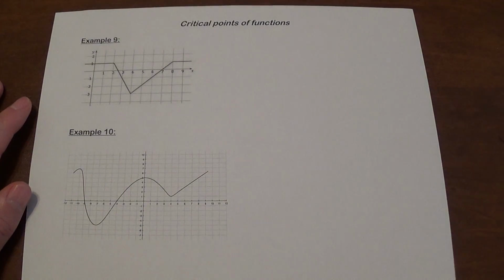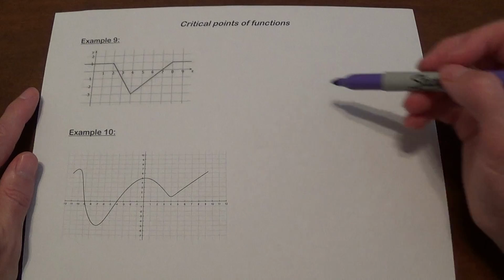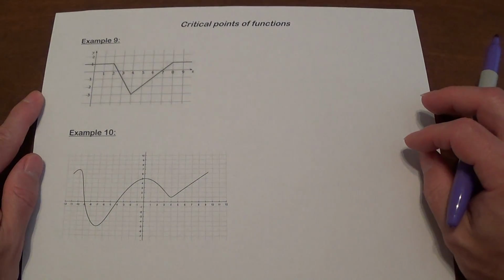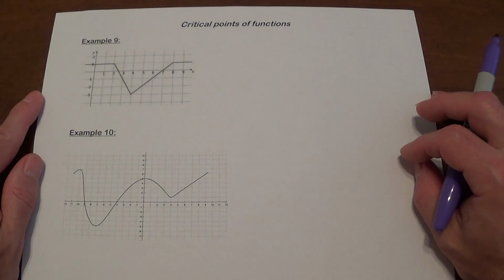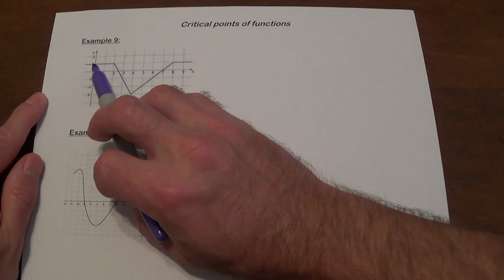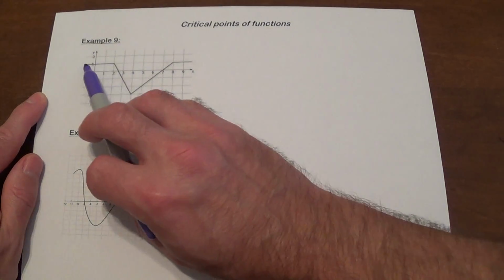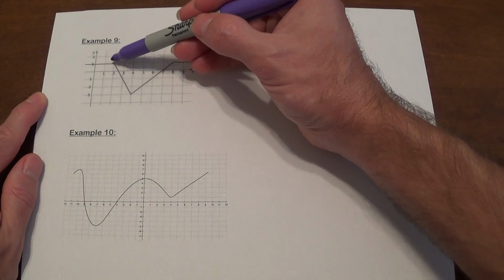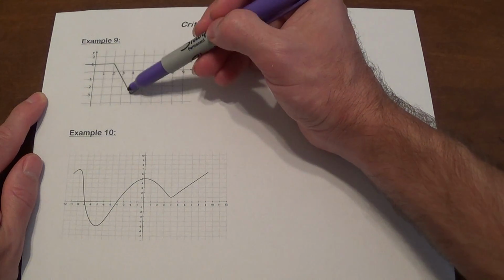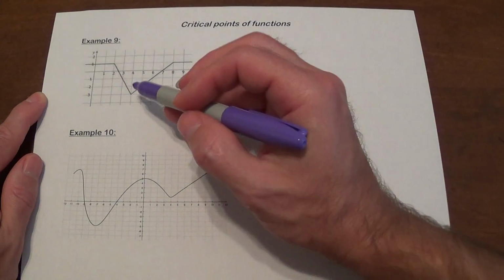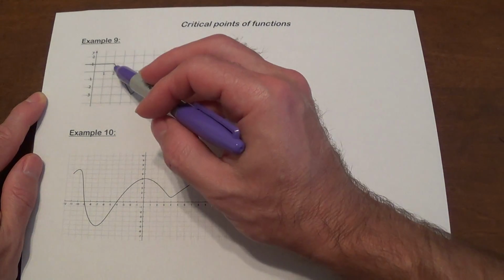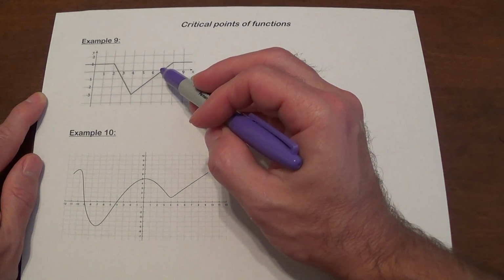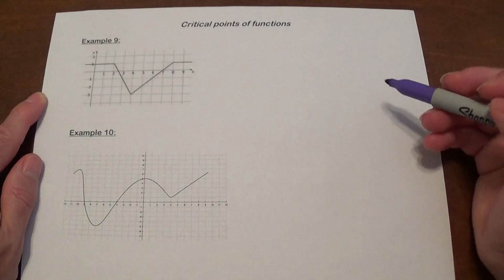A couple more examples. So where do we have critical points here? Well, here we're going to have critical points at all these sharp turns, because what happens at these sharp turns, the derivative changes abruptly from one value to the other. If you think about the slope of this part here, it's 0, but this here is -2, so it abruptly changes from 0 to -2 at x equals 2. It also changes abruptly from -2 to +1 at 4, and it also changes from 1 to 0 at 8.